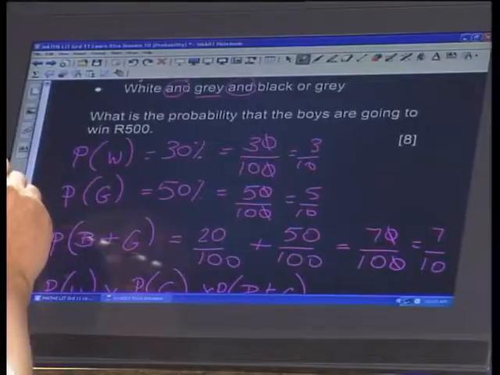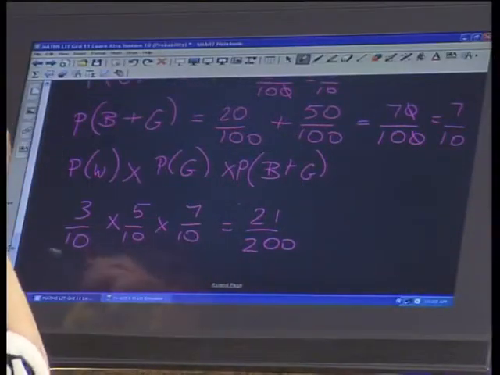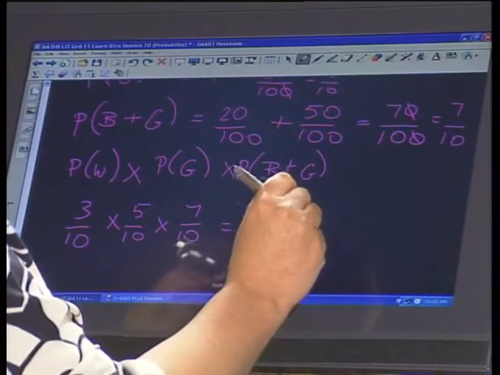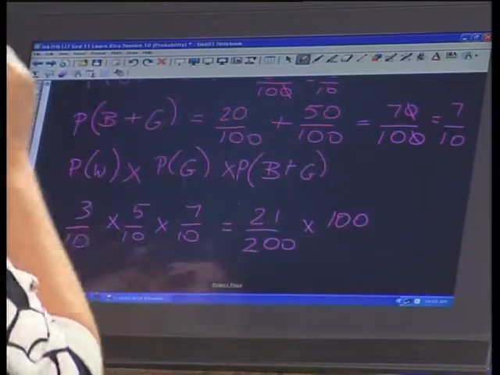And I really always like to make sense of the answer and make sure I understand what that actually means. So rather than working in this fraction that doesn't make any sense to me, I'm going to work as a percentage. Percentage I can comprehend. I can understand what the percentage is and how much the chances of them winning are.